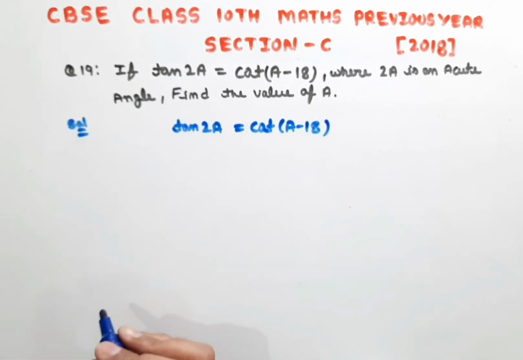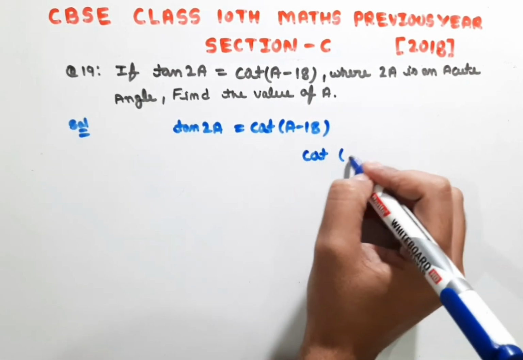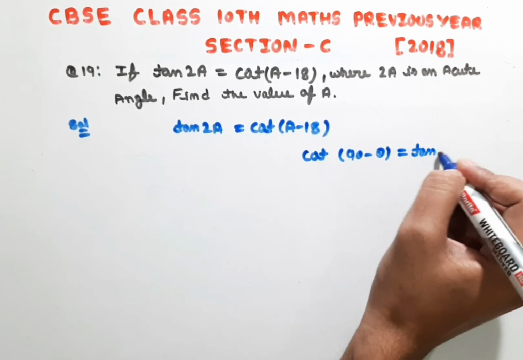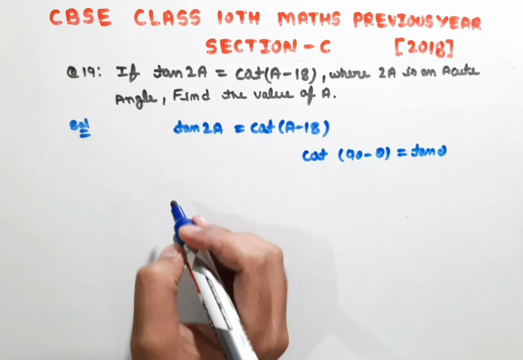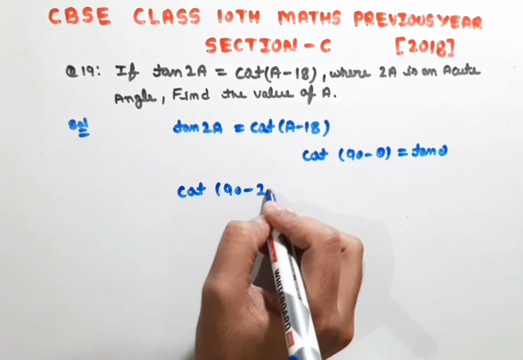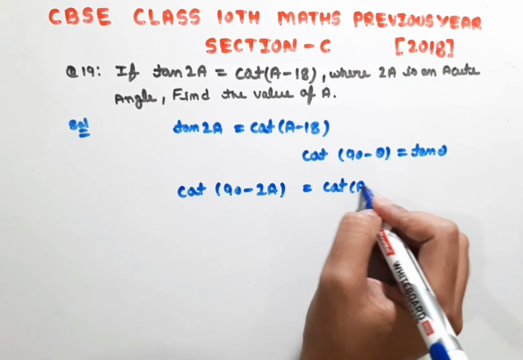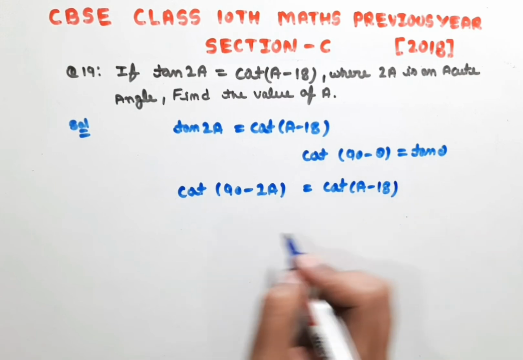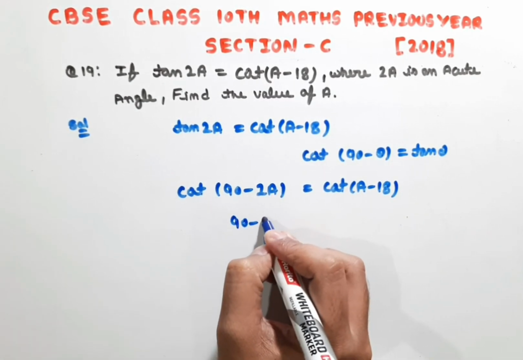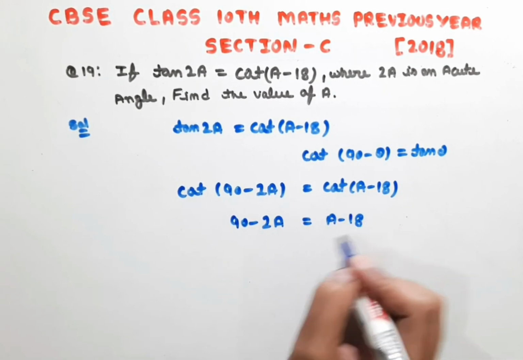We know that cot (90 minus theta) equals tan theta. So we can write tan 2A as cot (90 minus 2A) equals cot (A minus 18). Now comparing angles, 90 minus 2A will be equal to A minus 18.